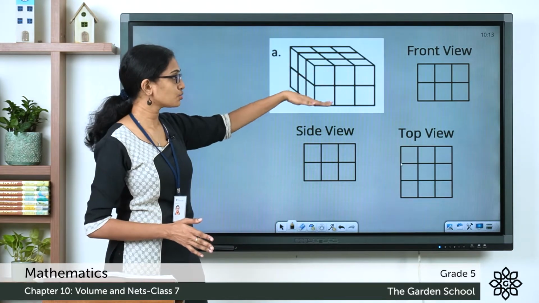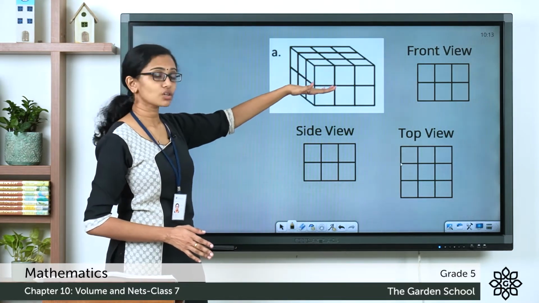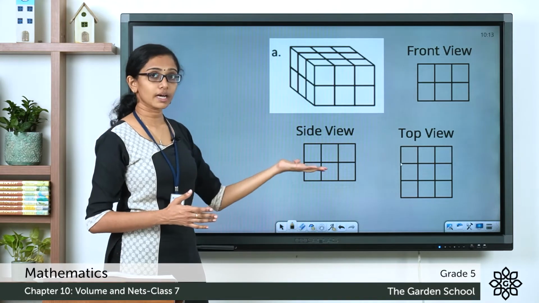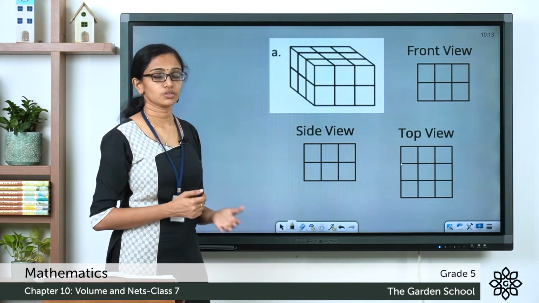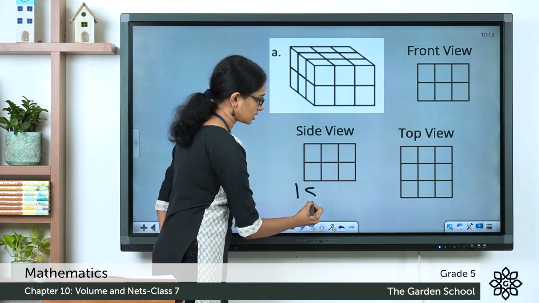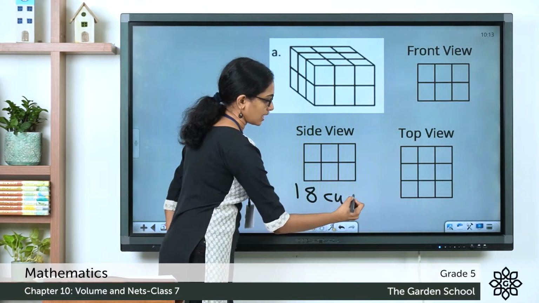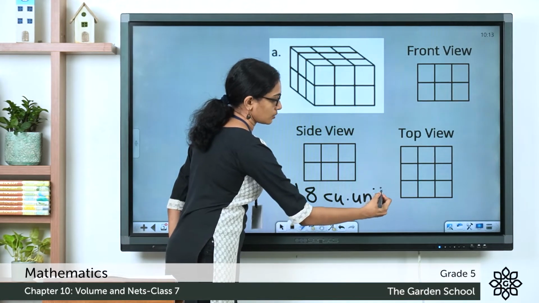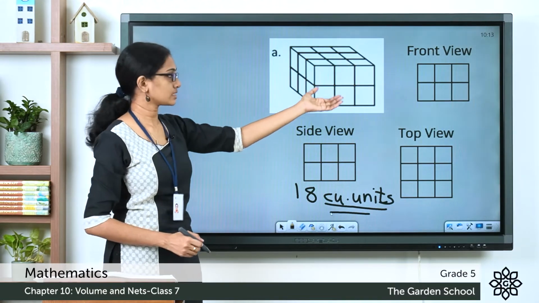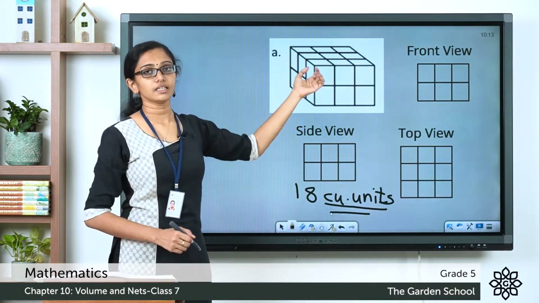And here there are 2 layers. So the total volume of this arrangement will be 2 times 9 cubic units, which is equal to 18 cubic units. So this figure has a volume of 18 cubic units.